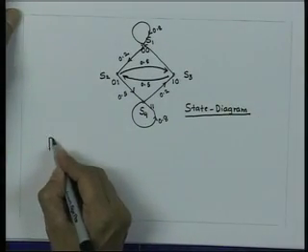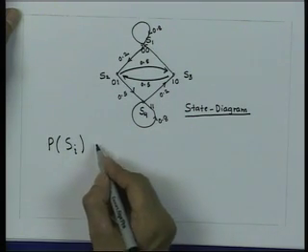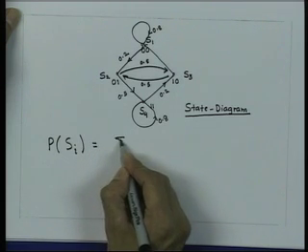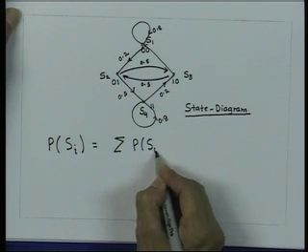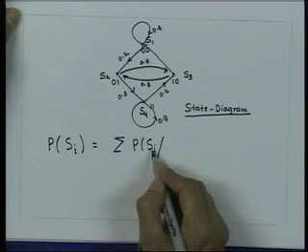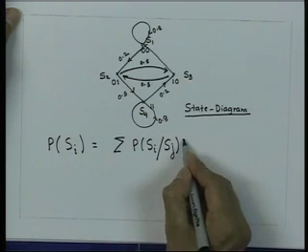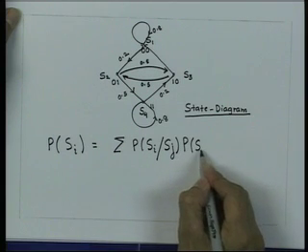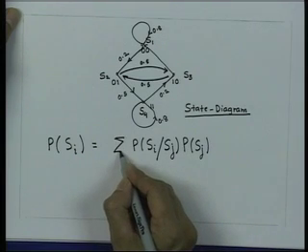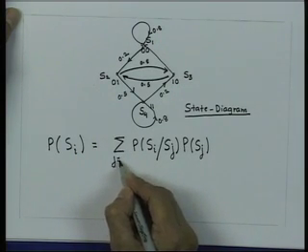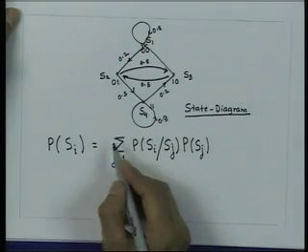Now, for any particular state, if I want to calculate the probability of the state, that would be given by the following expression. Probability of being in a particular state Si, given I was in a state Sj, and the probability of the state Sj, that is given by P(Sj), and this is summed over all the values from j equal to 1 to 4 in our case, as there are 4 states.